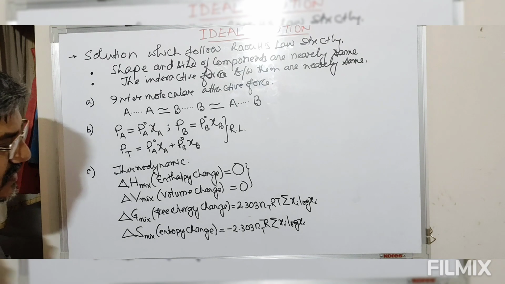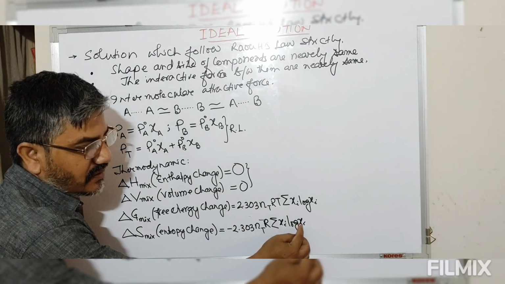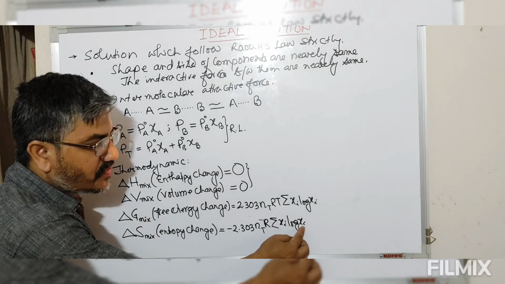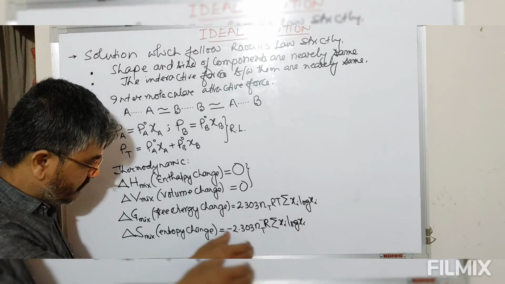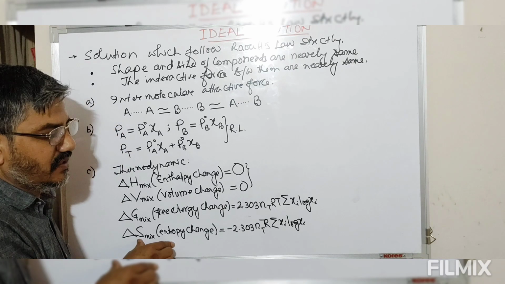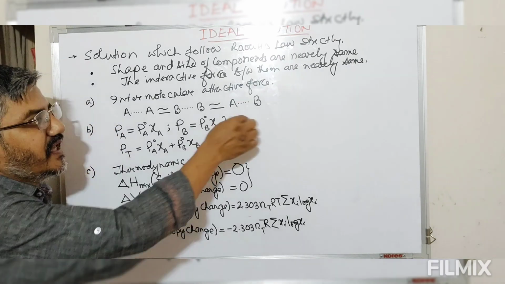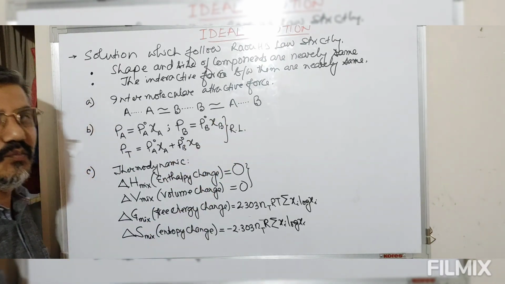So now look at this. With the minus sign, and the log of something less than 1 always being negative, negative into negative comes out to a positive. So the entropy change during the mixing of A and B will always be positive.